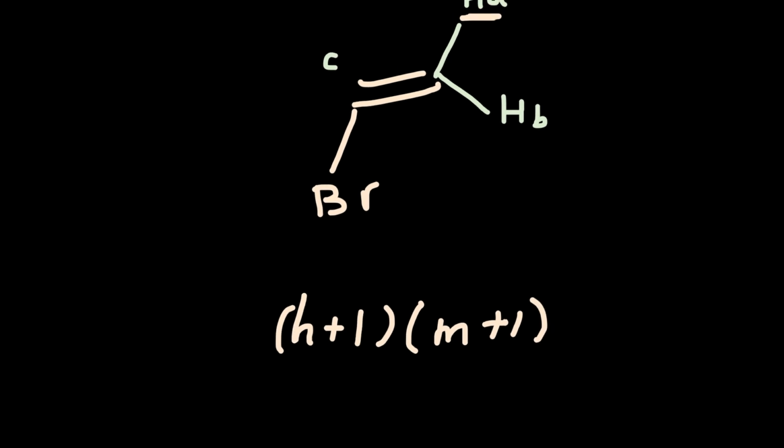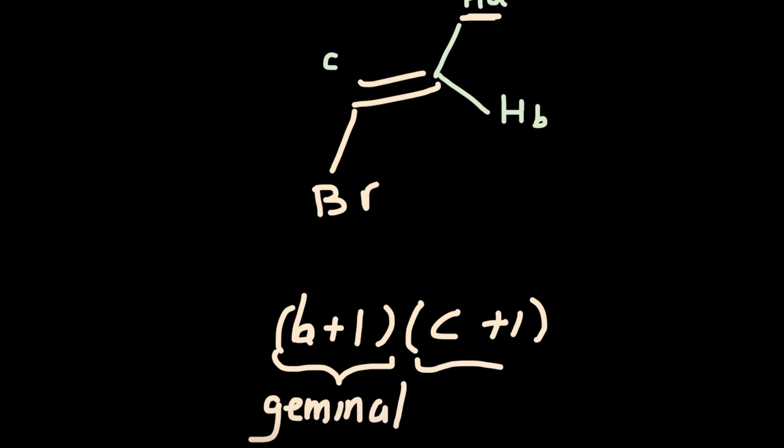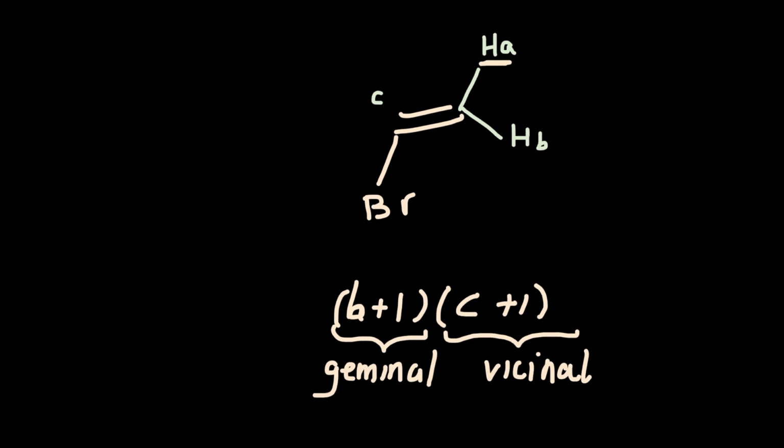Now let's say this is B and this is proton C, and this is called geminal coupling because we're getting splitting patterns from hydrogens on the same carbon, which only happens for diastereotopic hydrogens. And this one is vicinal, which is coupling with the hydrogen on the adjacent carbon.